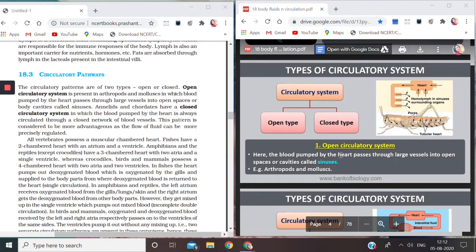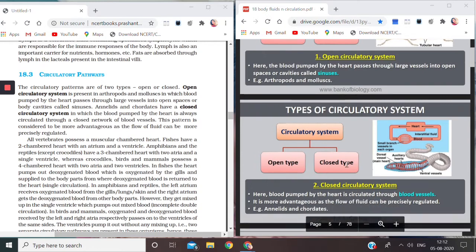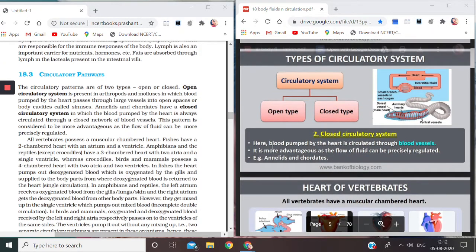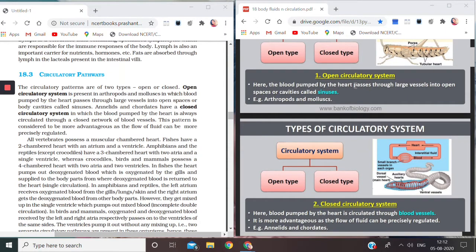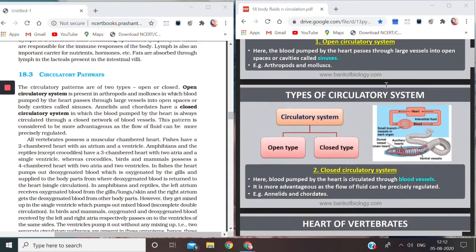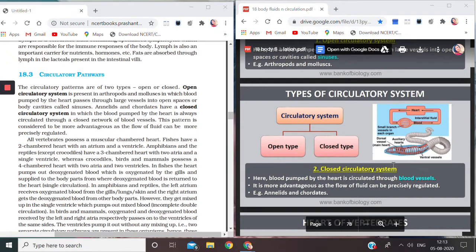The very basic difference between open and closed type is this. The heart is pumping the blood, which is the same in both cases, and the blood moves from the heart through larger vessels.